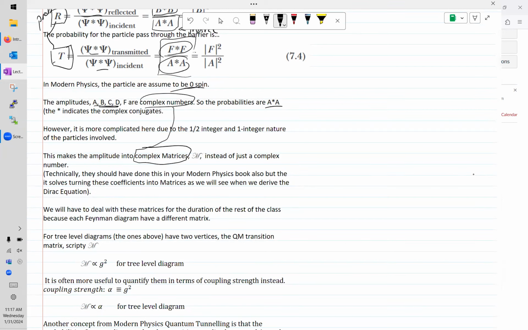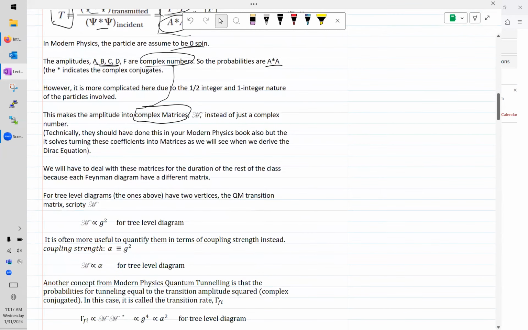Okay. So you're going to have to do matrix multiplication in order to calculate these things. And we're going to see this when we get to the Dirac equation in chapter 4. Okay. And this just comes out naturally. It's like, oh, well, it doesn't work with just numbers.